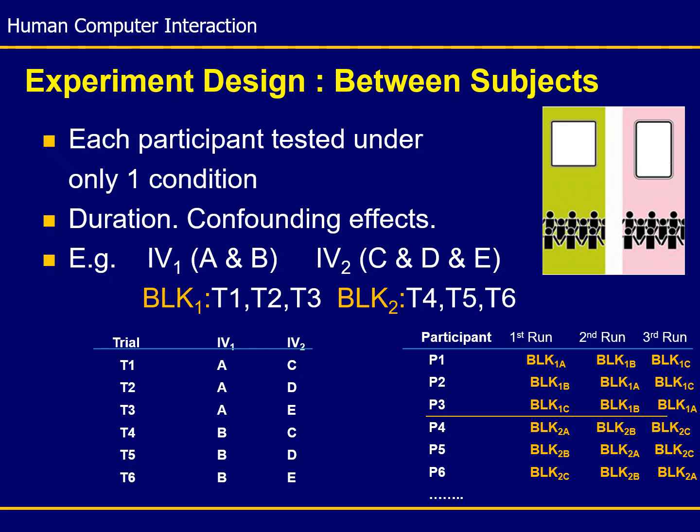If you'd like to map this to our keyboard example, if I have the X keyboard versus the Microsoft keyboard, 1, 2, and 3 will do the trials using the X keyboard, and 4, 5, and 6 will do the trials using the Microsoft keyboard. This is what I try to highlight here with this block numbering. Participant 1 is doing block 1A.